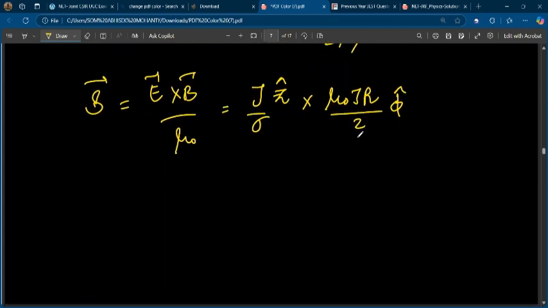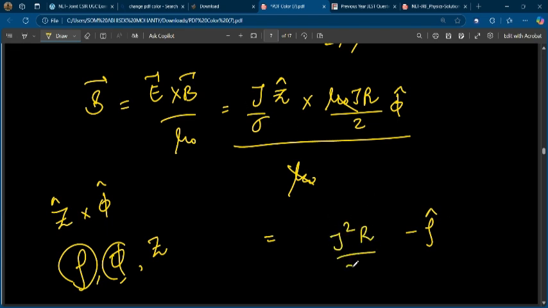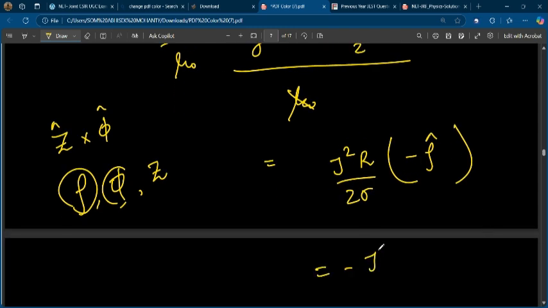Sometimes it doesn't click in exams. So mu naught cancels out. Z cross phi: in cylindrical coordinates rho, phi, z, rho cross phi is z, phi cross z is rho, so z cross phi will be minus rho. So the answer is minus J square r by 2 sigma rho cap.